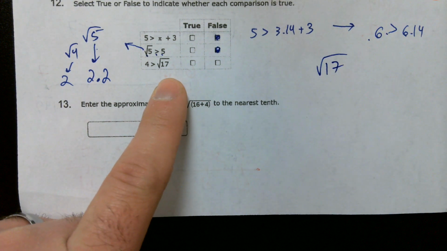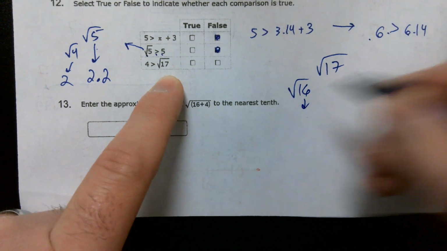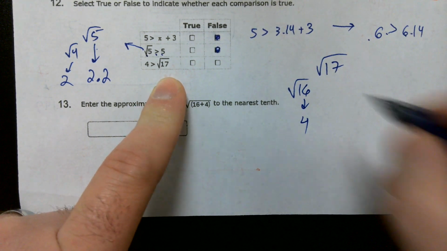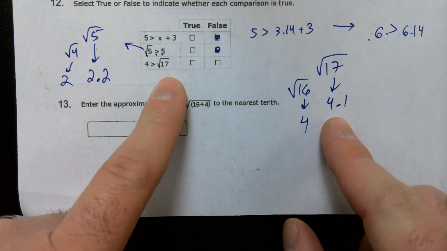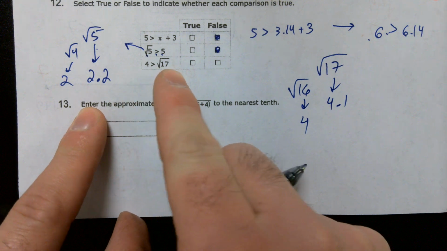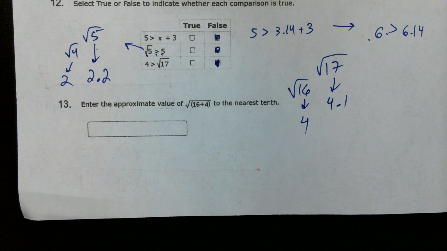What's the closest perfect square to 17? 16. Well, what's the square root of 16? 4. So the square root of 17 must be slightly bigger than 4. Let's just say 4.1. Is 4 greater than 4.1? No. So that one is false as well. You guys kind of getting this a little bit? Yes. Okay, cool.